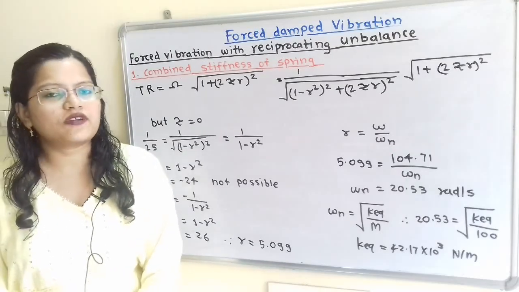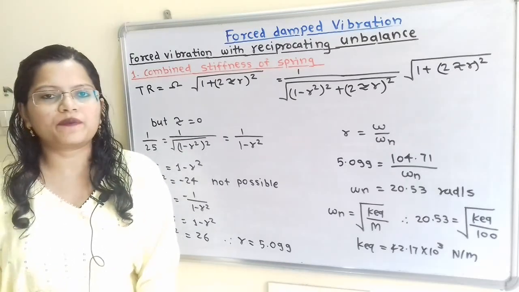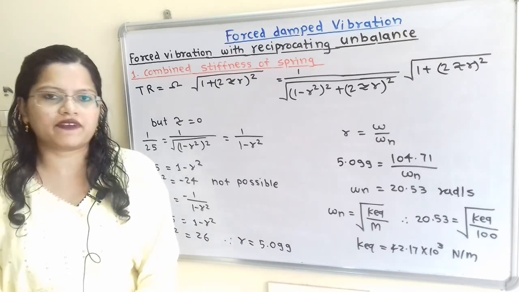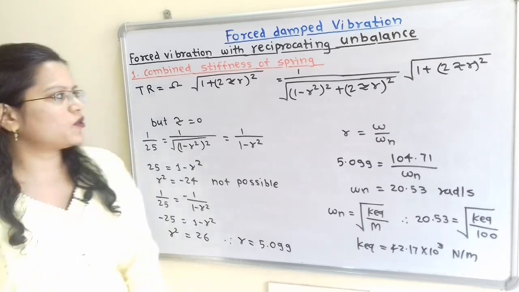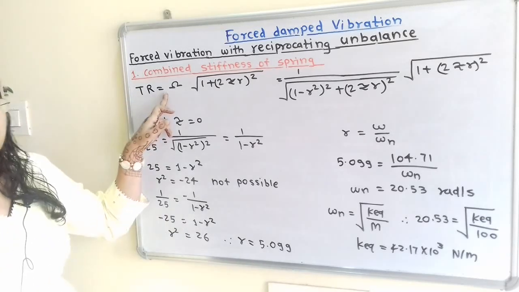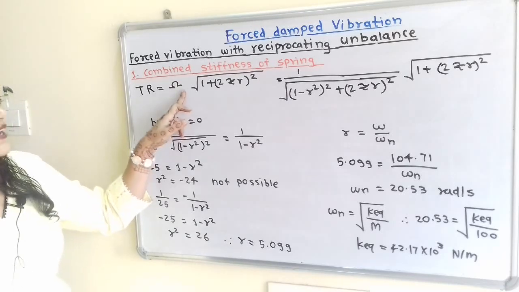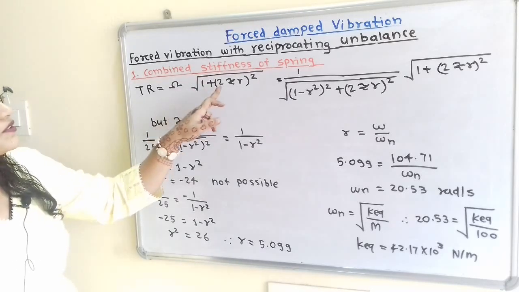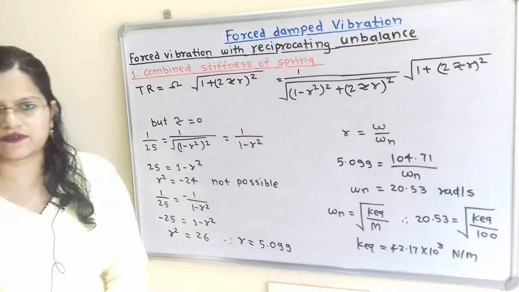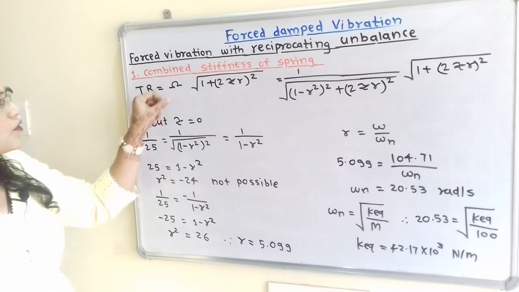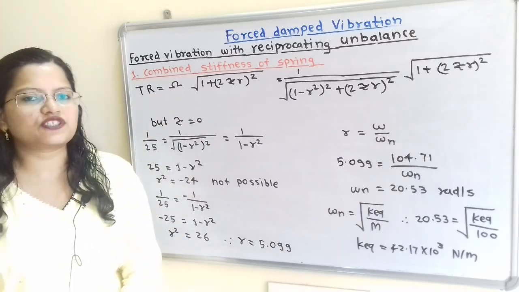Now we will calculate combined stiffness of the spring, that is K equivalent. We have formula transmissibility is equal to magnification factor under root of 1 plus (2 zeta r) bracket square. So we will first put the formula for this magnification factor.